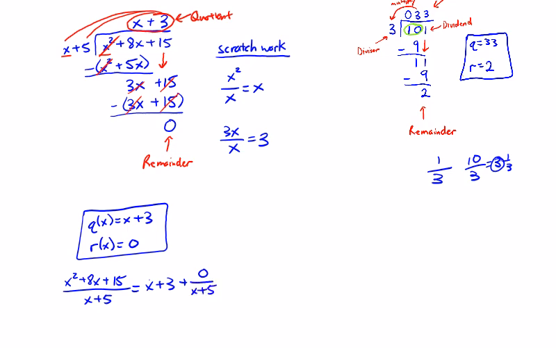So I'm using that division algorithm, which is the quotient plus the remainder over the divisor. But when the remainder is just 0, then this second term is all going to become 0. The whole thing just disappears, and so the answer to the division problem is just going to end up being the quotient, x plus 3. And that's what we will box in as the answer to the division problem.